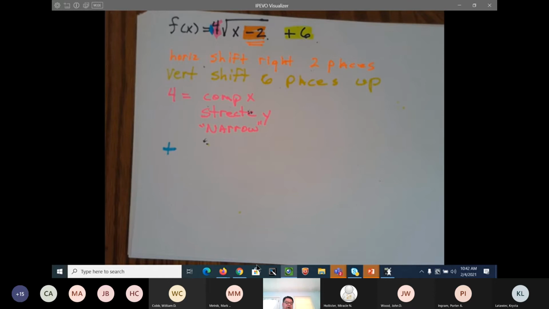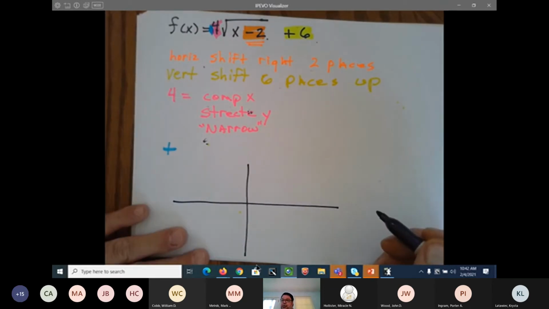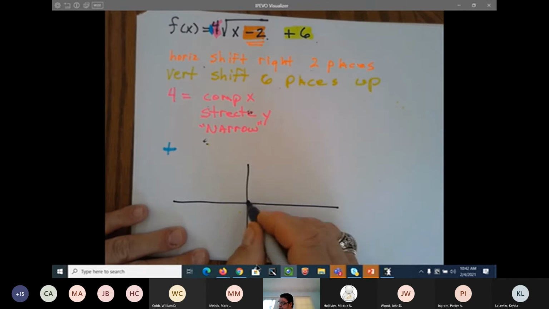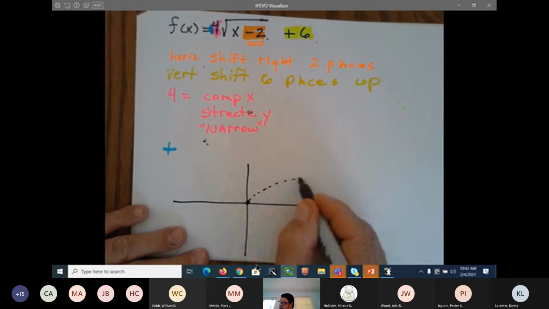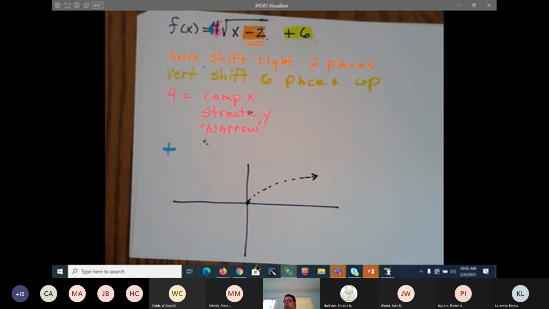So you draw the parent graph of the square root symbol. Of course, if you don't have the parent graph printout, then you don't know what it looks like unless you just remember it. The parent graph of the square root function looks like this. That's what the parent graph looks like.